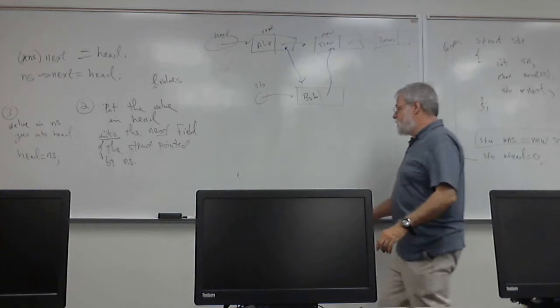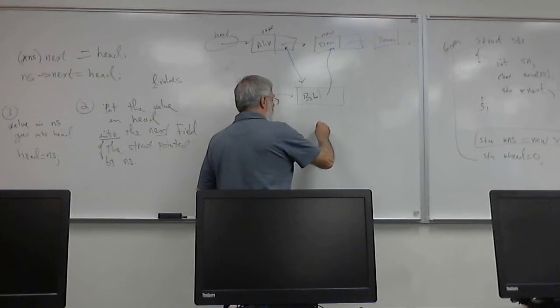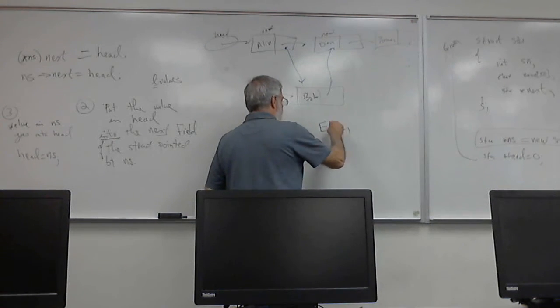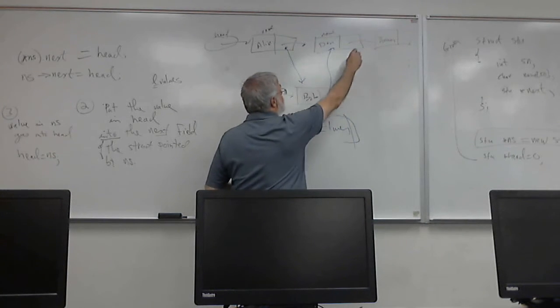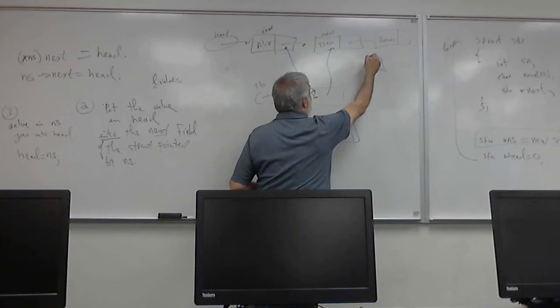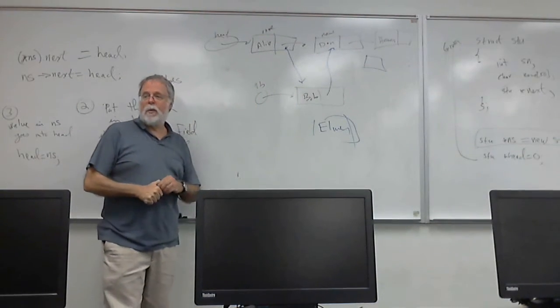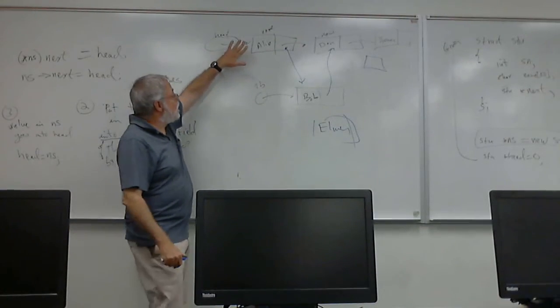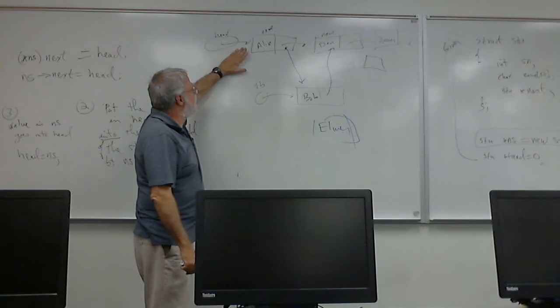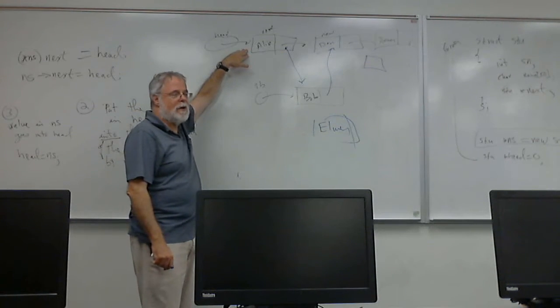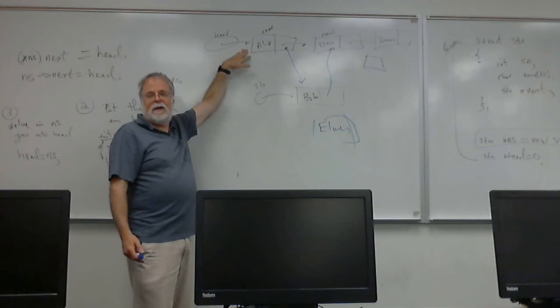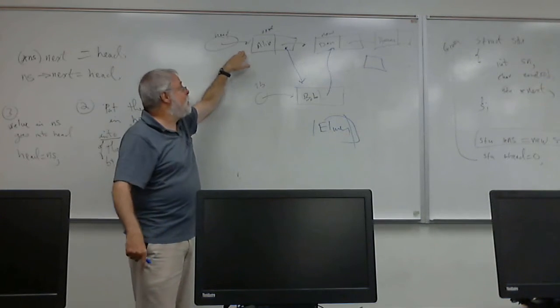So if instead of being Bob, it had been Elmer, then we would have had to put it over here like that. So what do we have to do? We have to search. The reason we don't put it before Alice, I mean, there are names that come earlier than Alice, right? Abby Ankar, A-B rather than A-L.